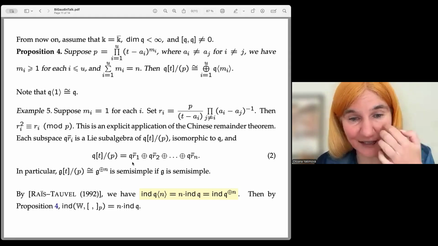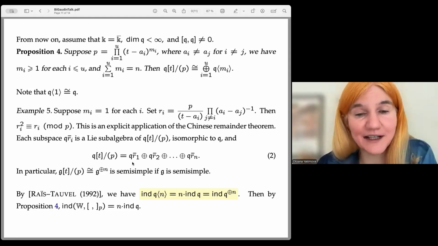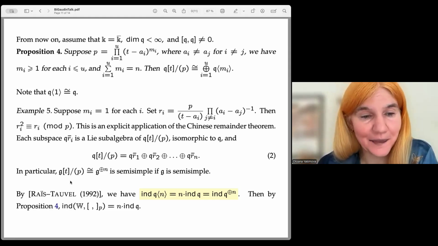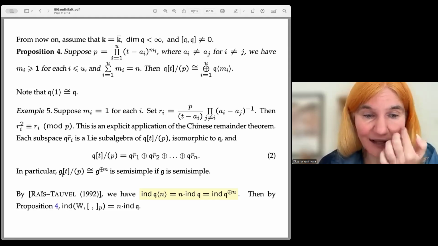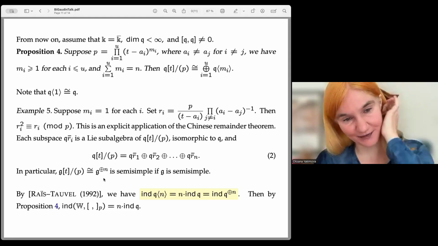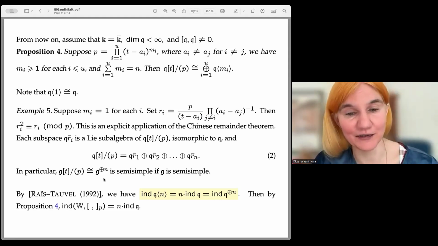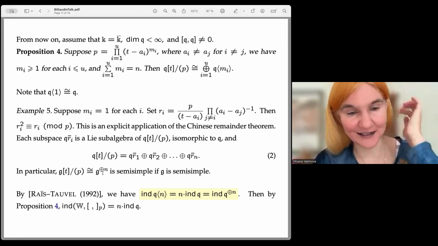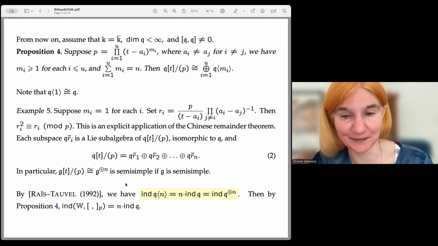We can find these n copies of Q very explicitly in this quotient. And then in particular, if we start with a semi-simple Lie algebra G, then the quotient will be semi-simple. This will be a direct sum of n copies of G. So exactly our H in the Gaudin model.